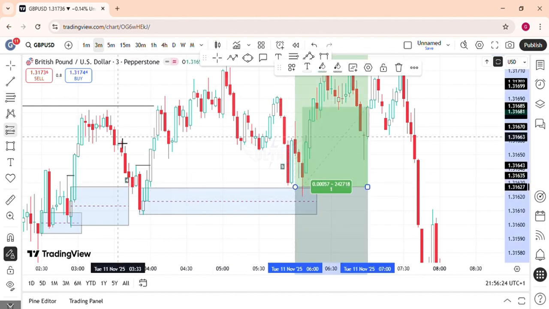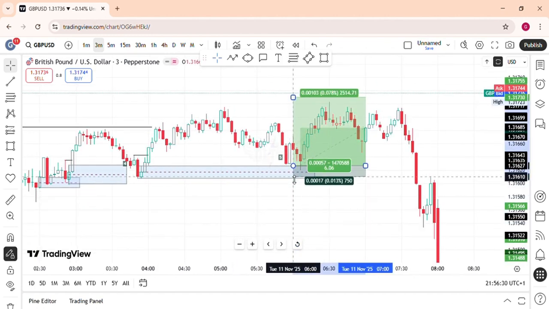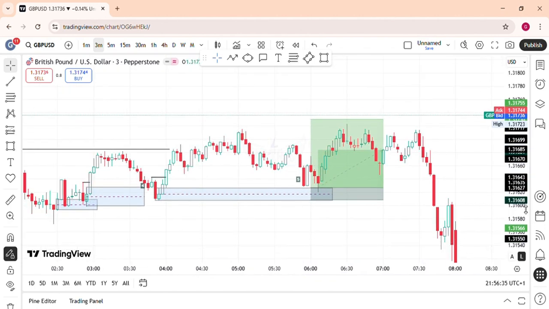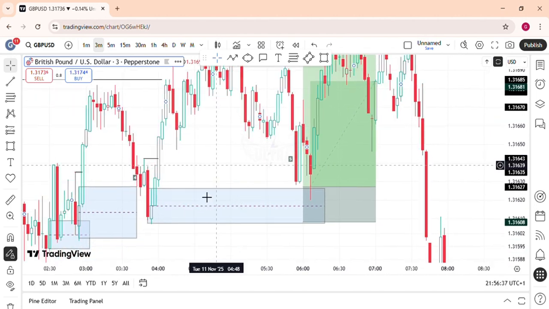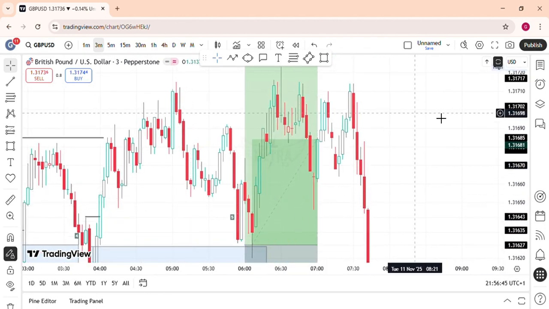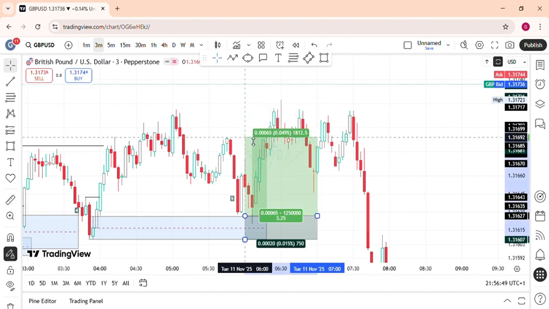The next is stop loss. Our stop loss will be right below this previous low here, giving us a what? A risk to reward of about 3.25 for this trade.